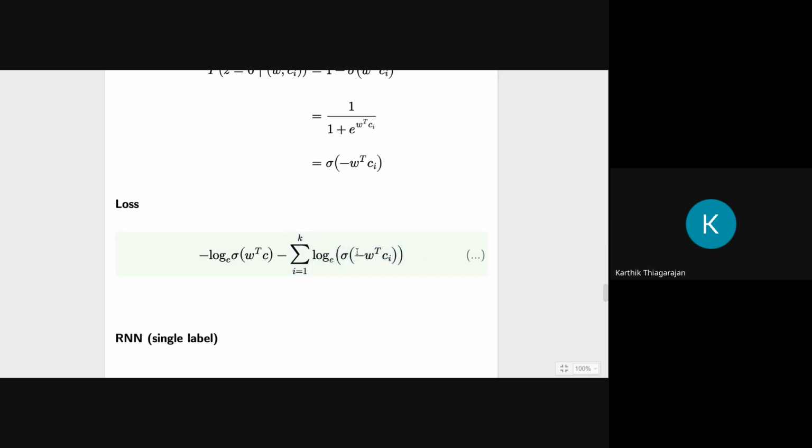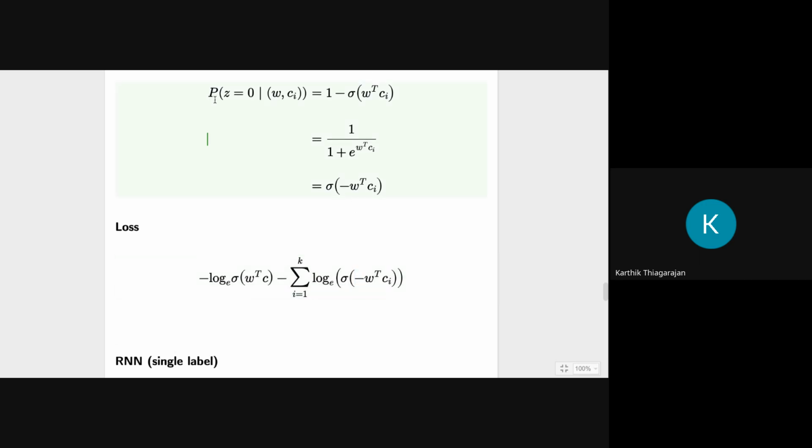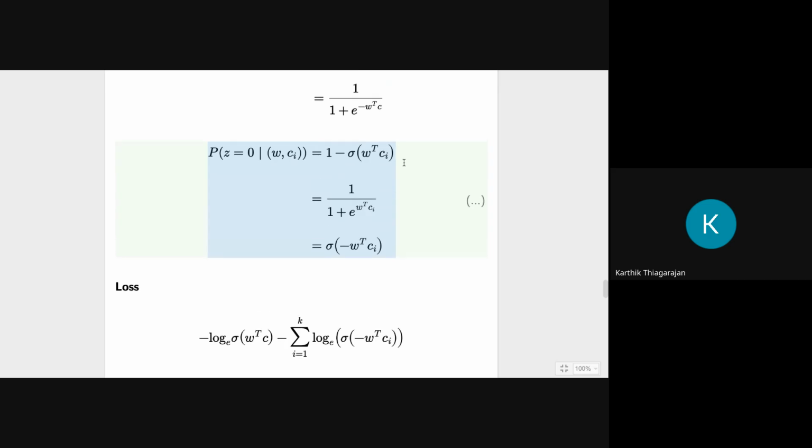Notice that there is a minus sign sticking here, because you want to maximize the probability of a negative pair being non-context, that is, having a probability of 0. Okay, I fumbled that.